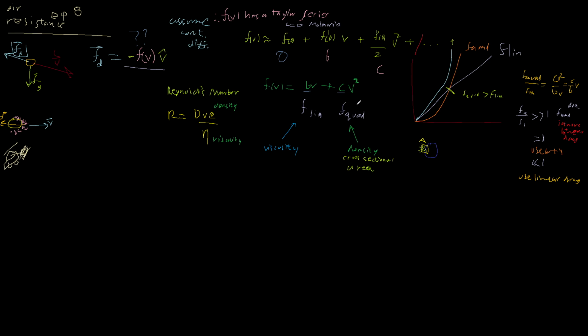If we want to expand this out just a little bit more, for a sphere, F linear is equal to 3 pi eta d v. I'm not going to derive this, but it's called Stokes' law.